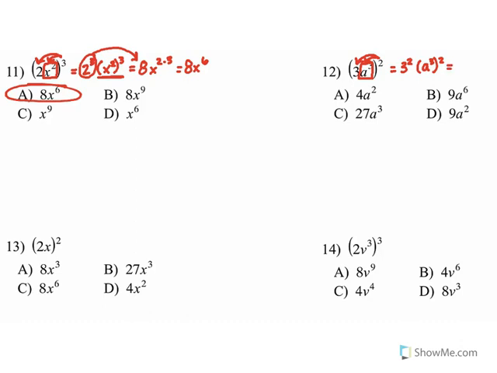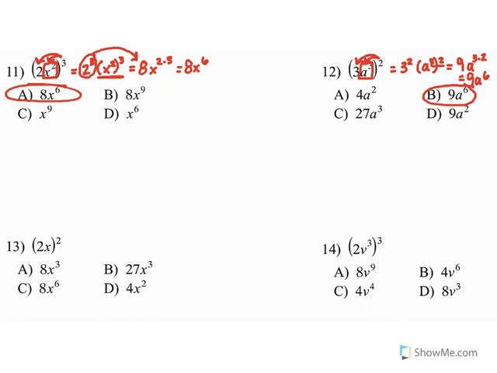Now we need 3 squared, which 3 times 3 is 9. And now when we have these exponents outside the parentheses, remember we have A to the 3 times 2. So we have 9A to the 6th, which is B.